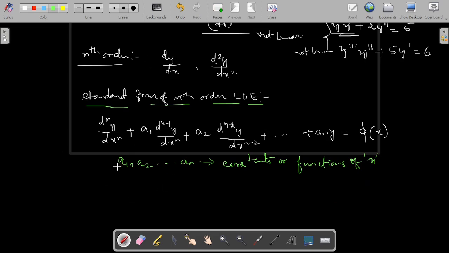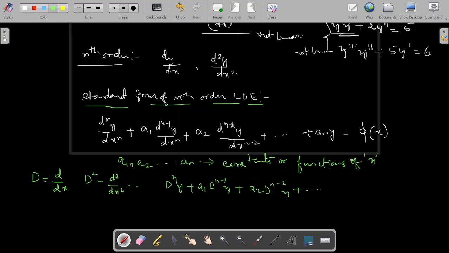Using operator, we know that capital D equal to d by dx. So D square equal to d square by dx square, and so on. So here it becomes D^n y plus a1 D^(n-1) y plus a2 D^(n-2) y plus so on up to an into y equal to phi of x.